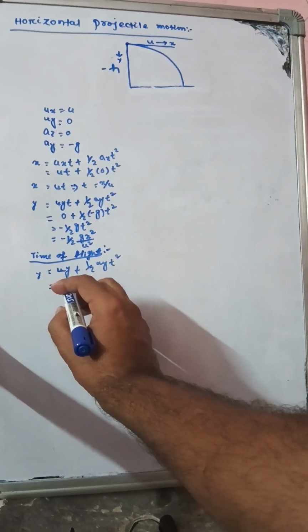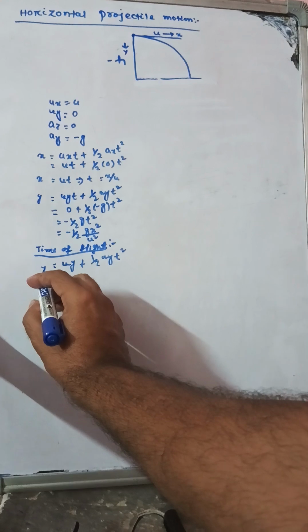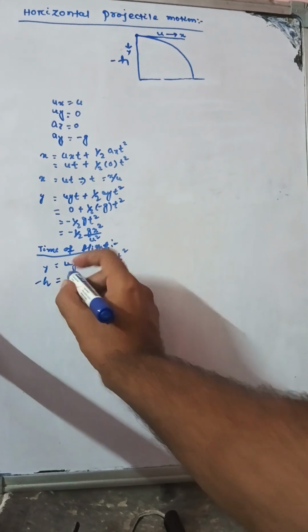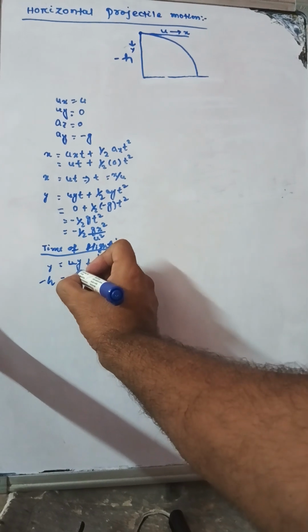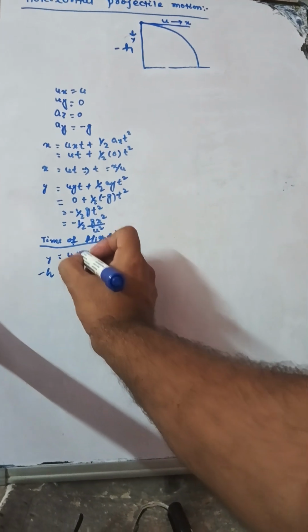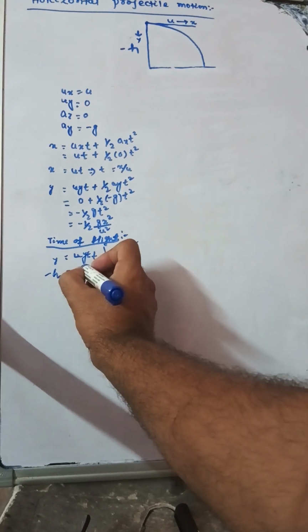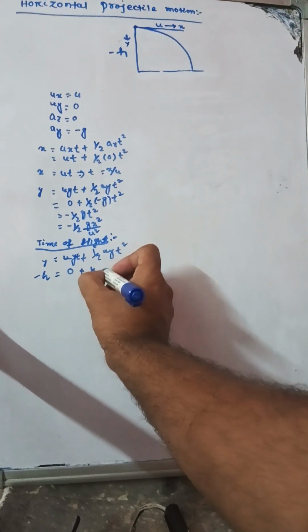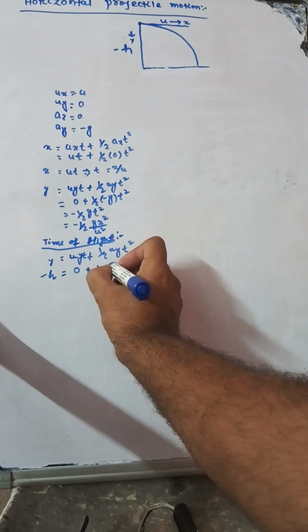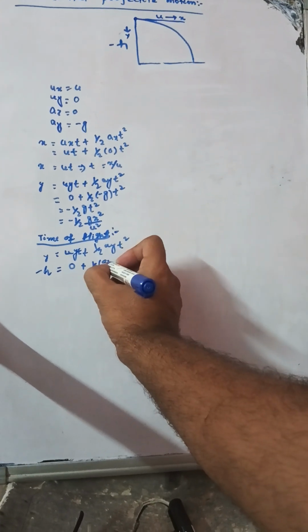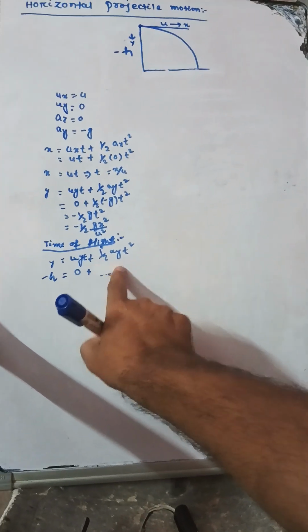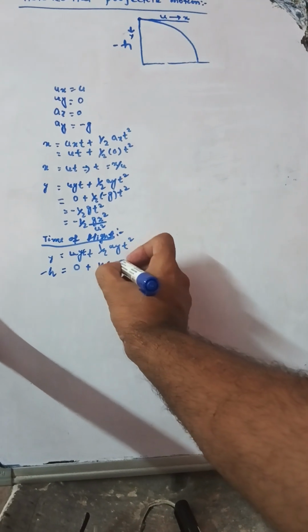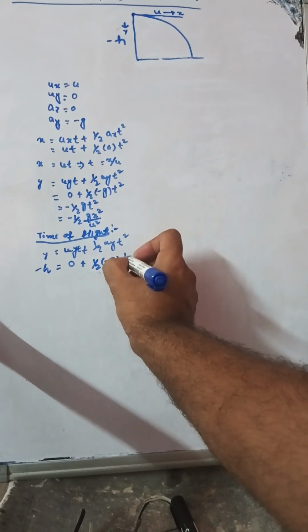Here y is minus h. uyt is 0, plus half into minus g into t square.